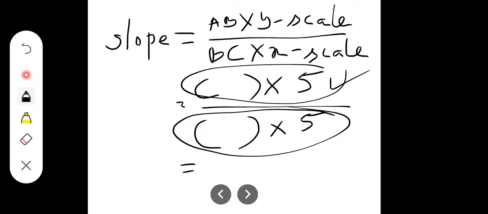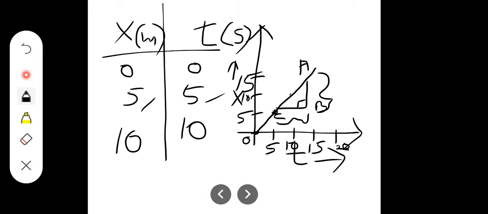So what you have here is actually displacement by time, x by t. It is x by t, displacement by time. That is rate of change of displacement. What is that? That is nothing but velocity or average velocity. So we get average velocity from the slope of the position time graph, xt graph or pt graph.